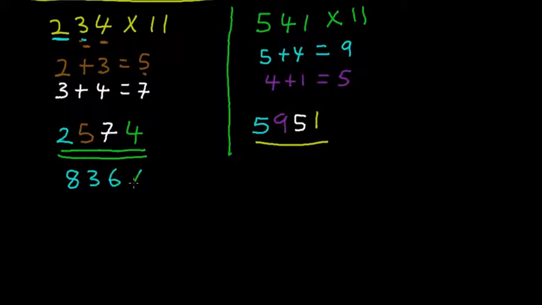836 times 11. You write down 8, the first digit. Then you add the first and the second digit, 8 plus 3, which gives you 11. This time around we have two digits as a result of the addition of the first and the second digit.